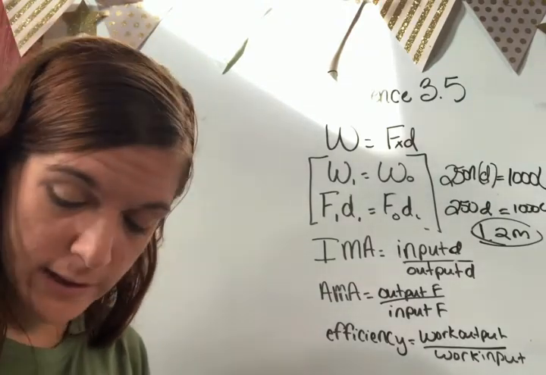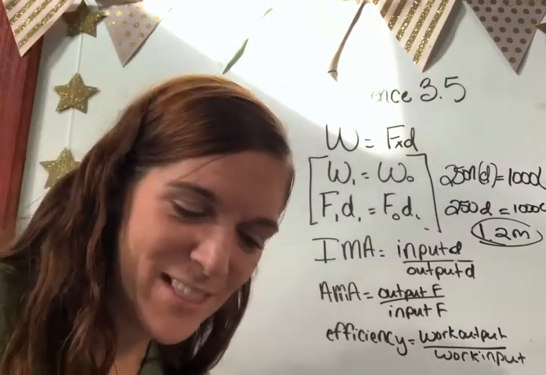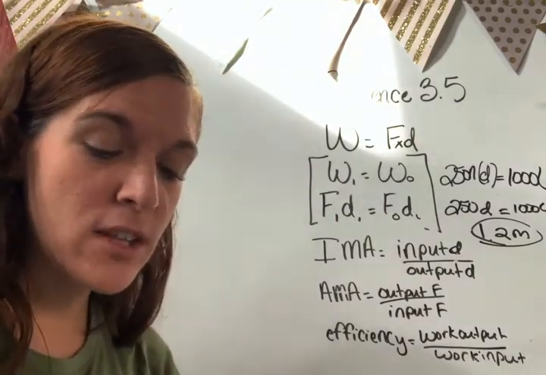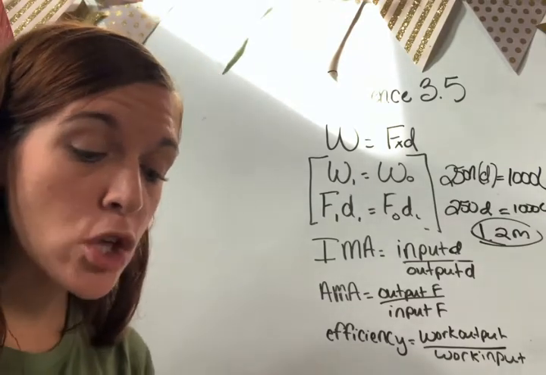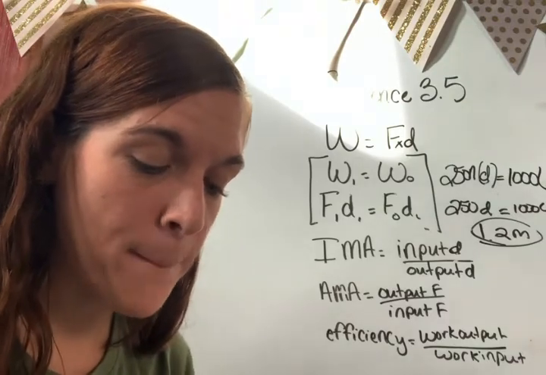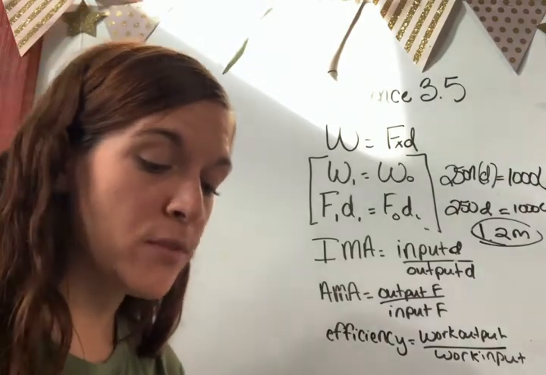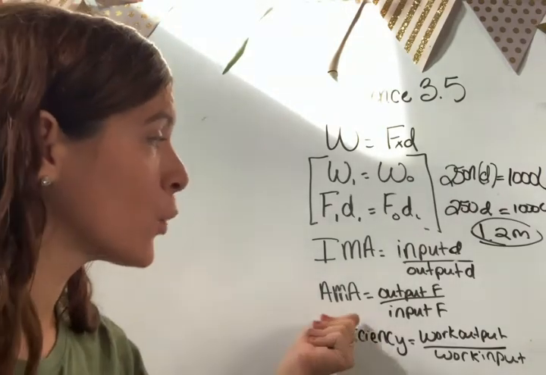So look what it says on page number 73. In non-ideal conditions, the IMA cannot be used. Instead, the actual mechanical advantage is defined as the output force divided by input force. This is the real one.